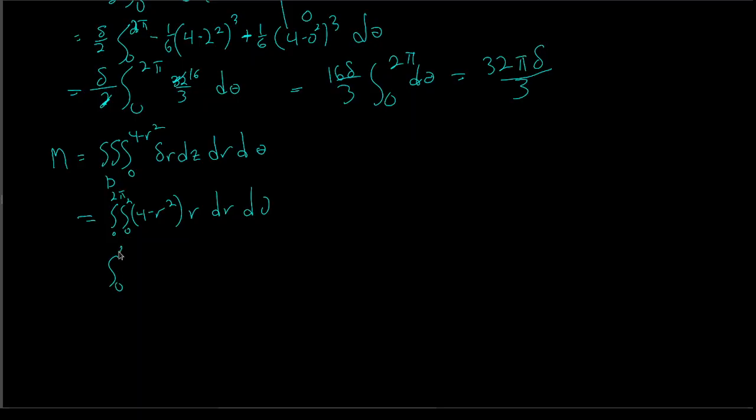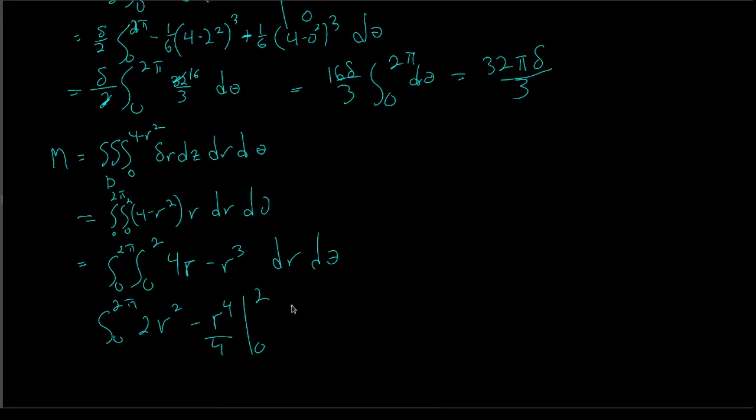So 0 to 2 pi, 0 to 2, 4r minus r cubed, dr d theta. Now we're going to get 2r squared minus r to the 4th over 4, evaluated from 0 to 2.